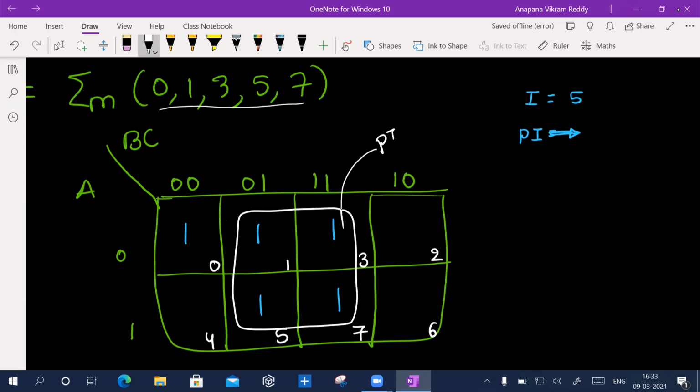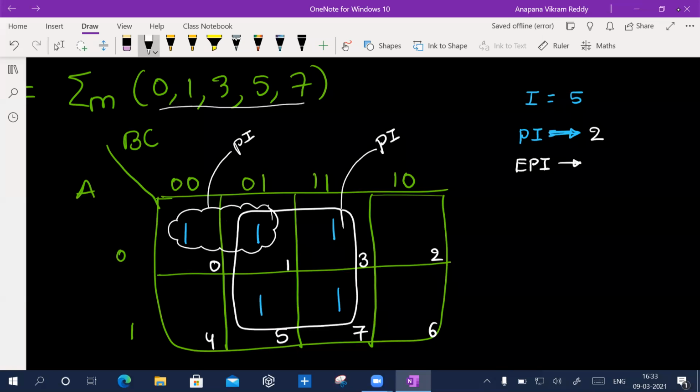This is of course a PI. And anything else? 0 and 1. Yeah, 0 and 1. So therefore this is also a PI. I don't have anything more than this. So PIs are 2. And what about EPIs?